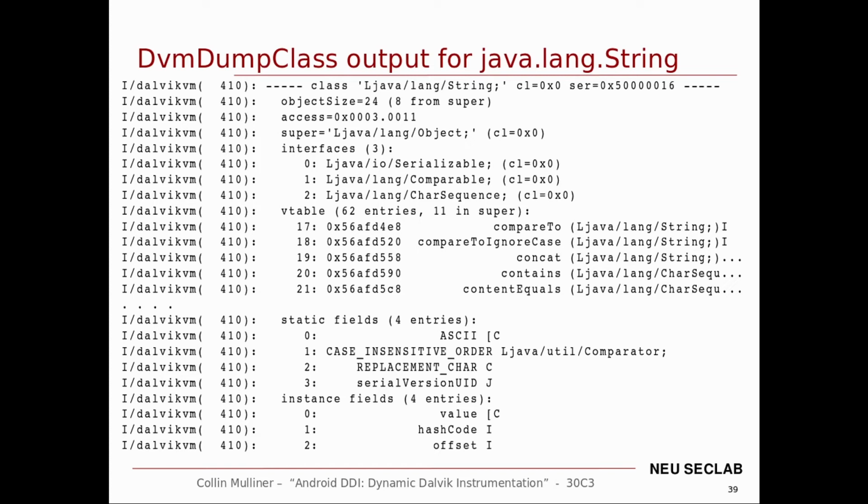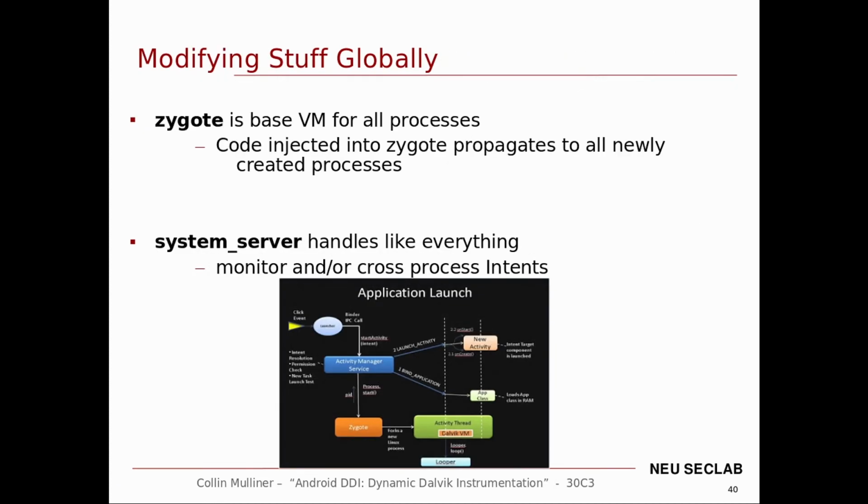You can see all the different methods. Of course, I redacted something just because the slide is very big. So you can very easily look inside how the classes look. And then from this, you can very easily just copy paste the parameter list or the signature into your instrumentation code.